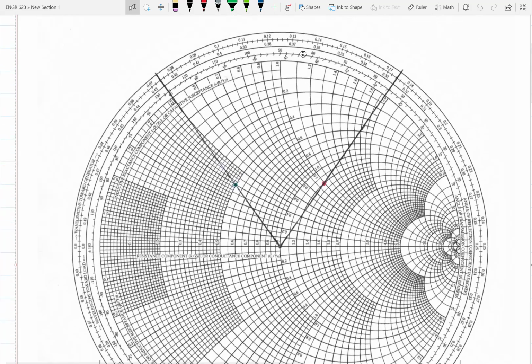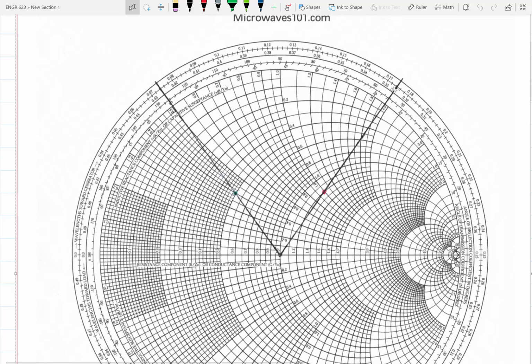Now this original line you can see is at 0.174 lambda. You see 0.17 here and 0.18 here, so this is 0.174. And then we're going to go 0.4 of a wavelength in the clockwise direction. Well, keep in mind that one complete revolution around the Smith chart is 0.5 of a wavelength.